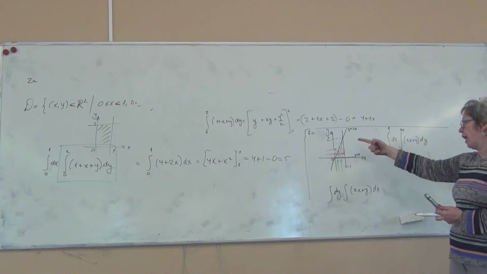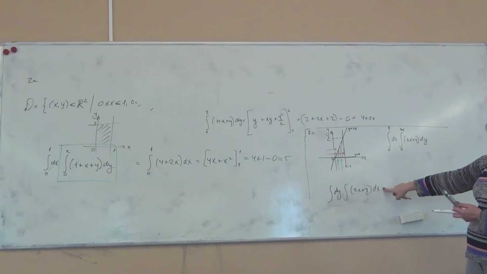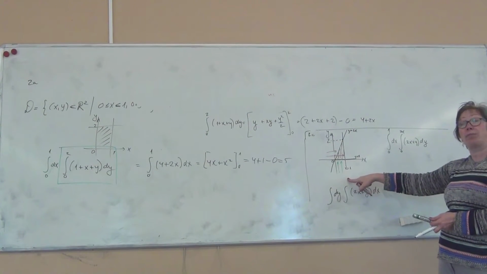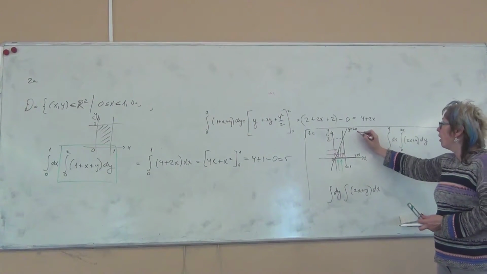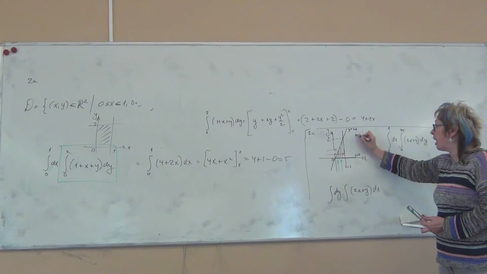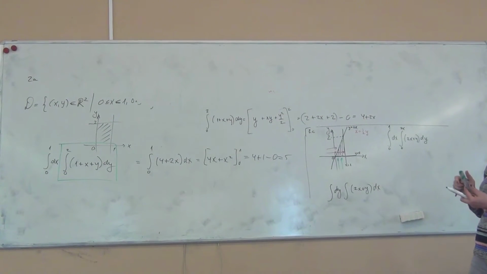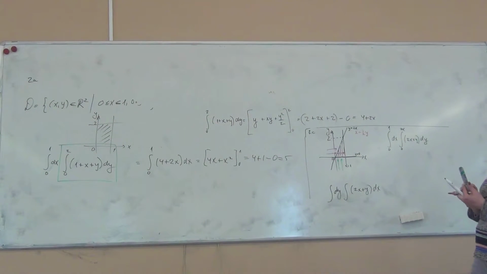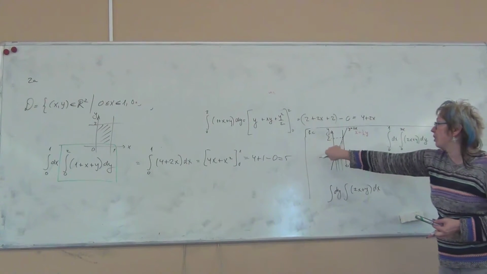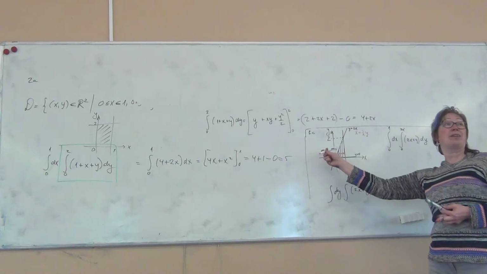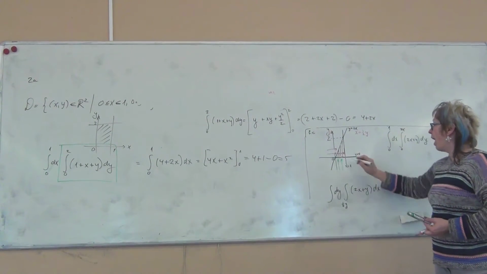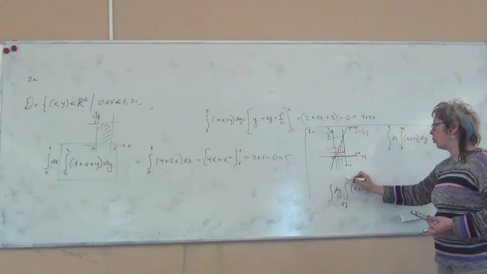We start from this line, but remember, if we integrate by x first, these boundaries have to be expressed in terms of y, not x. Therefore, I need to write x is 1/2 y. I take the same equation and simply turn it inside out, expressing x in terms of y, not y in terms of x. And this is the lower bound because we start here. So I start at 1/2 y and end at x equal to 1.